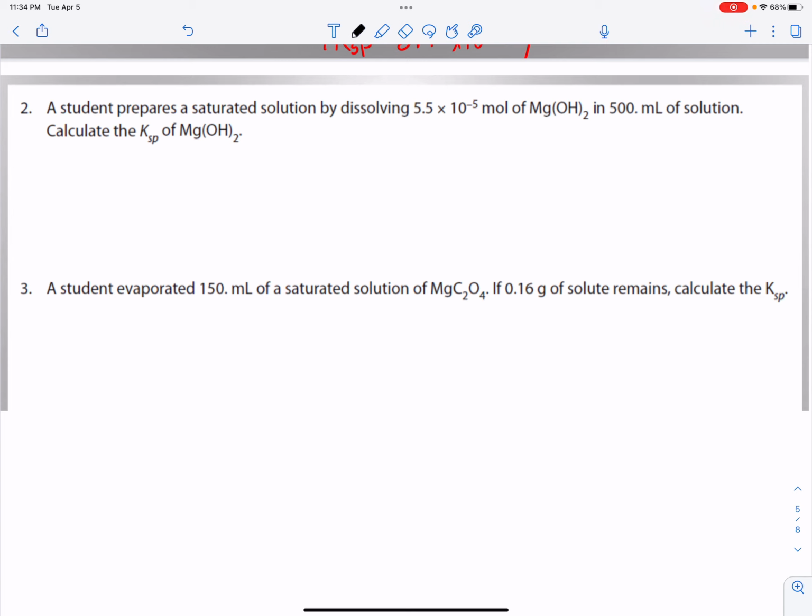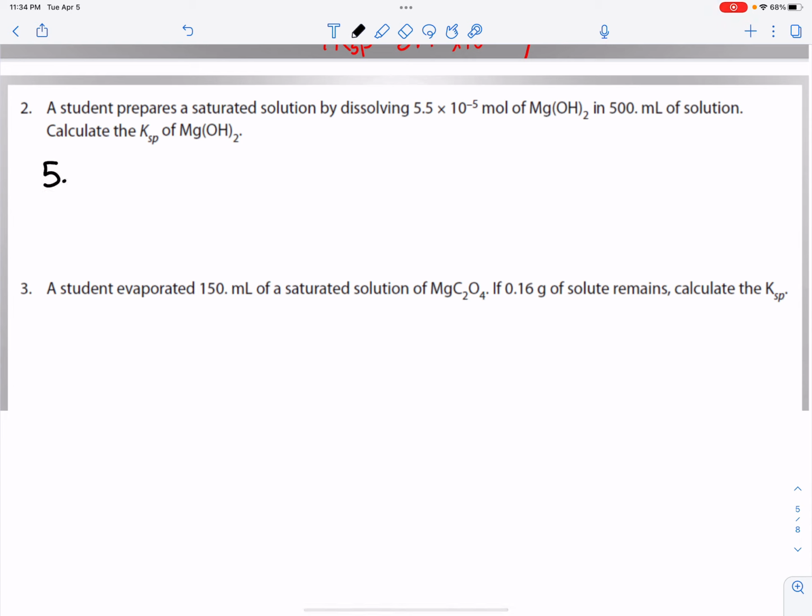It says a student prepares a saturated solution. Again, we're talking saturated solutions, so we know we have an equilibrium. This time we have magnesium hydroxide. You'll notice we've got moles in 500 milliliters of solution, so the first thing I'm going to do is change that to a molarity.